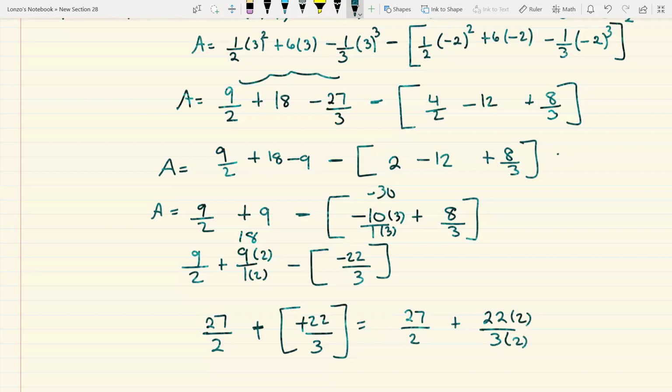Okay, so the LCD would be 6. 27 times 3 is 81, plus 22 times 2 is 44. So that is 125 over 6. It can't be reduced, so that is your final answer. Your area is 125 over 6. And it's positive, so we know we did it correctly. So this is a quiz on area between two curves.